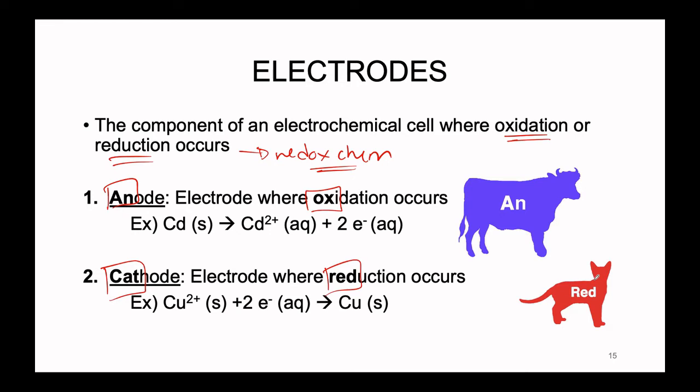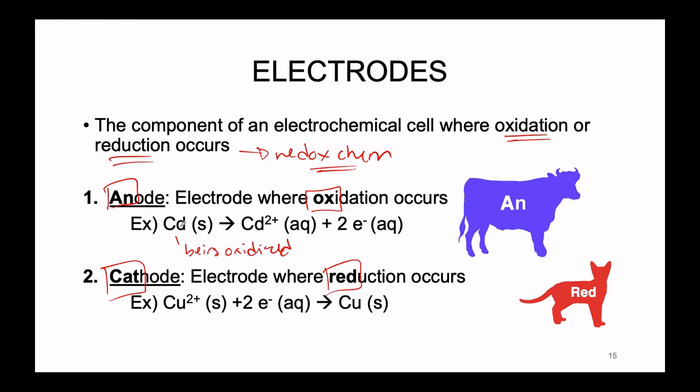If we tie the previous illustration into these definitions, the anode was labeled where the cadmium was and the cathode is where the copper was. Since the anode is where oxidation occurs, that means the cadmium was being oxidized.